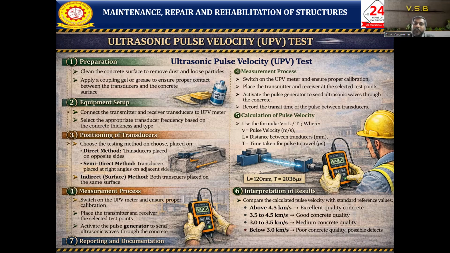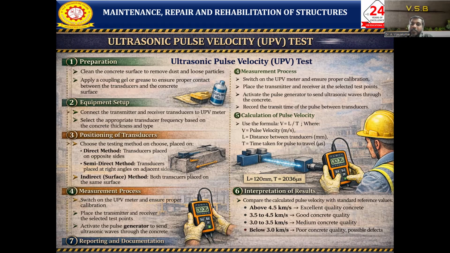If the velocity is above 4.5 kilometers per second, that is called excellent quality of concrete. 3.5 to 4.5 is good quality concrete, and 3 to 3.5 is medium quality. Below 3 means poor quality or possibly defective.